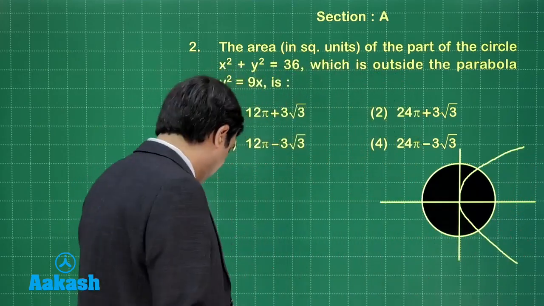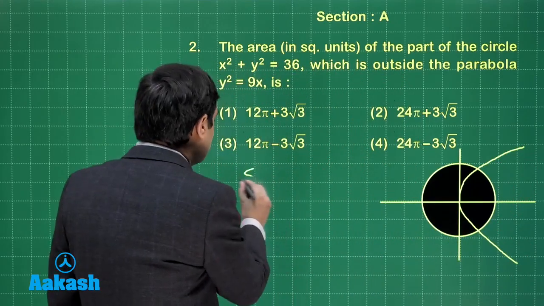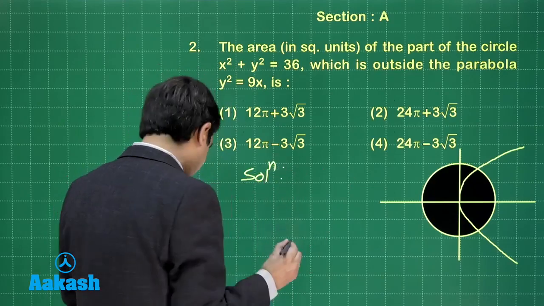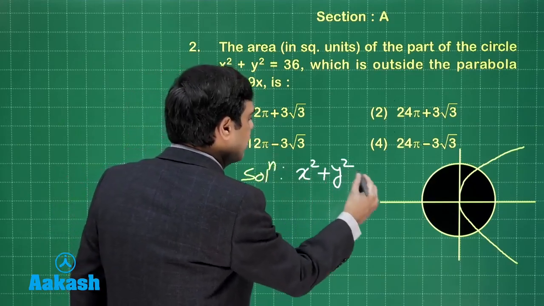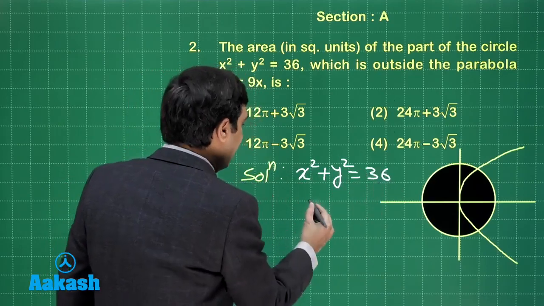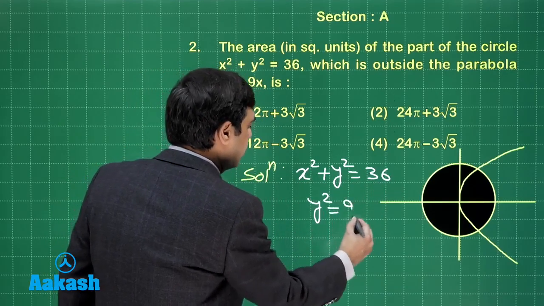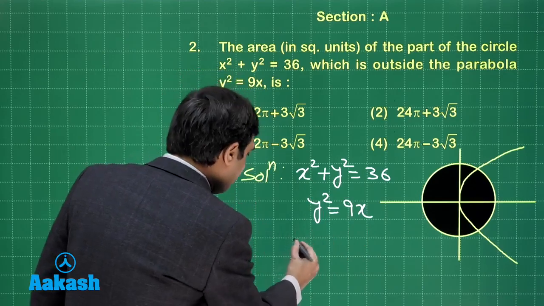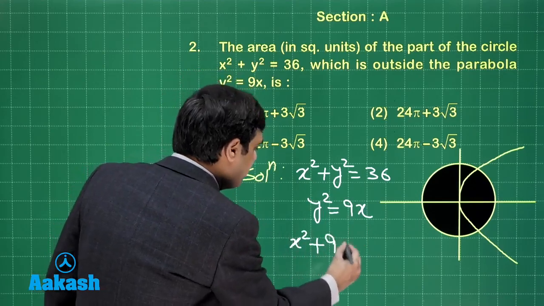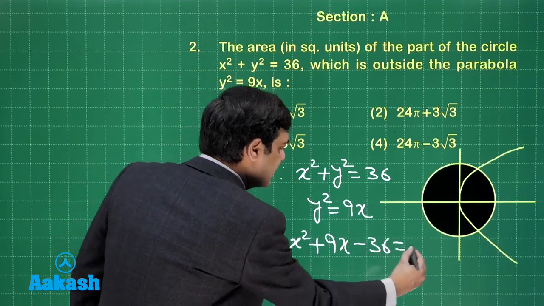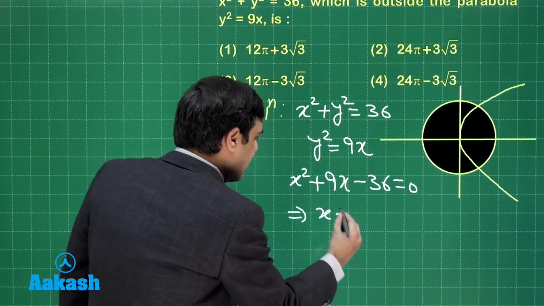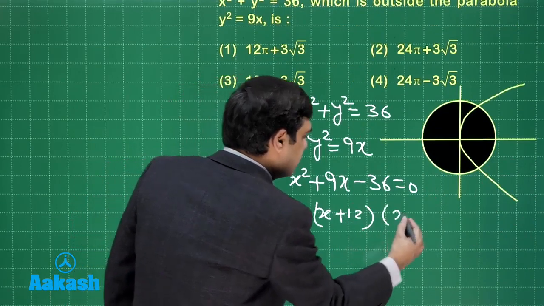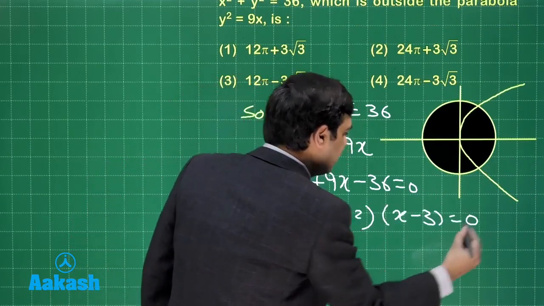Clear on it? Alright. So when you solve the two, that is the circle and the parabola, circle is x square plus y square equals 36 and parabola is y square equals 9x. So here we get x square plus 9x minus 36 equals 0. That means (x plus 12) into (x minus 3) equals 0.